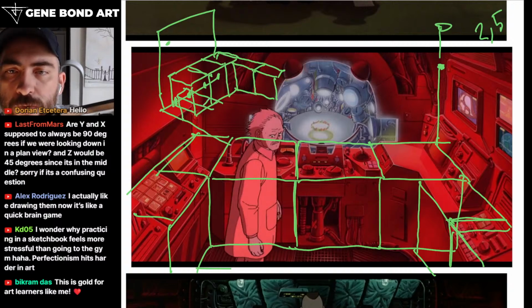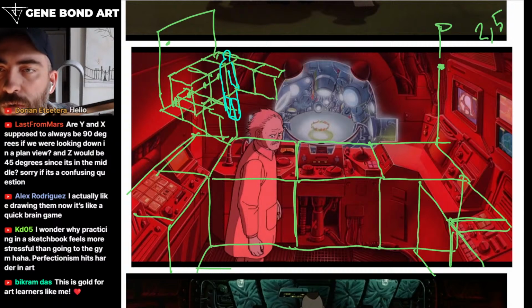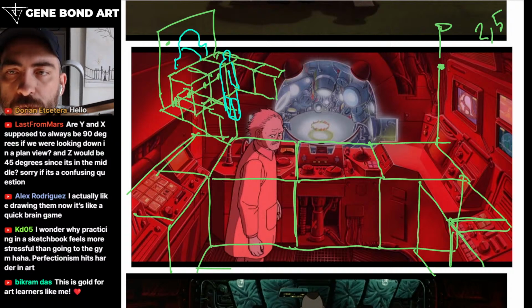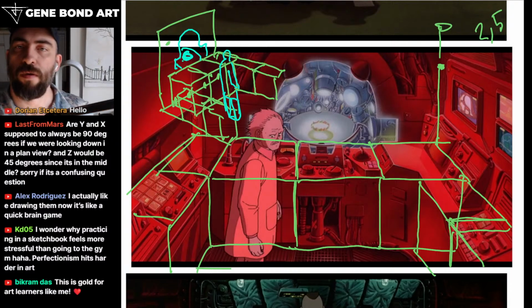Then we have again half a cube. So the guy is standing about here. Then there is this thing in the wall with a dancing energy.